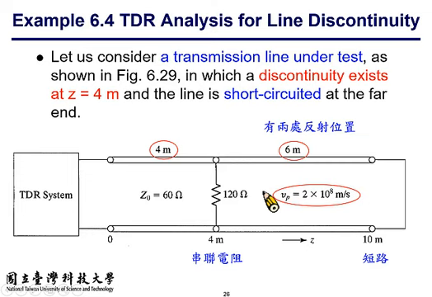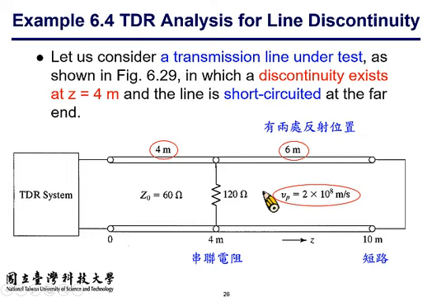As a result, the impulse transmitted from the TDR system shall be reflected at the right end, and it is expected to return to the TDR system by what time delay duration.